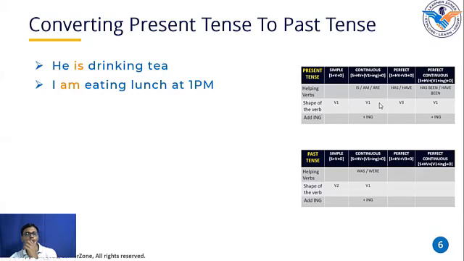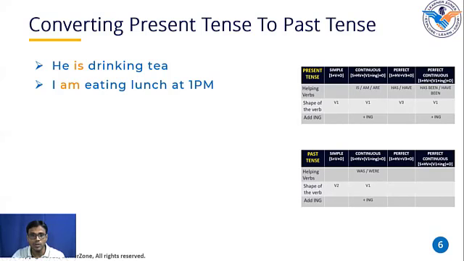Now let's try to convert these two sentences to past tense. Let's look at simple past tense first. To convert these two to simple past tense, what do we need to do? Let's take 'he is drinking a tea'. What does the rule of simple past tense say? It should be S plus V2.